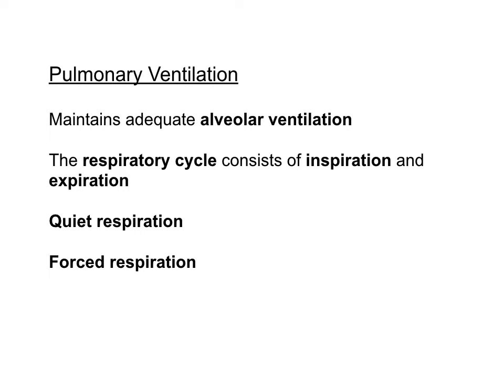So it's basically one in and one out as you breathe. Now, quiet respiration, which is also called eupnea, is your relaxed, unconscious, automatic breathing. So hopefully this is what you're doing right now as you're listening to this recording and taking notes.